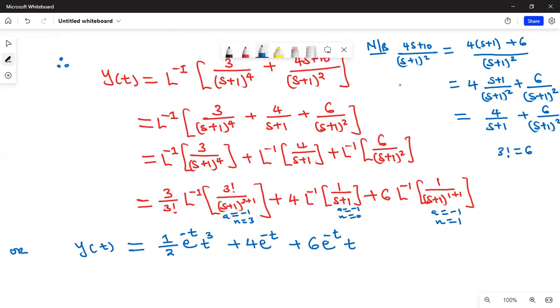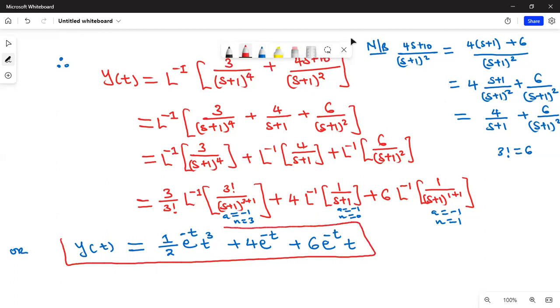So that is our solution of the ODE in part B. Now we can bracket this solution. Bracket it. And so that's our solution for part B.